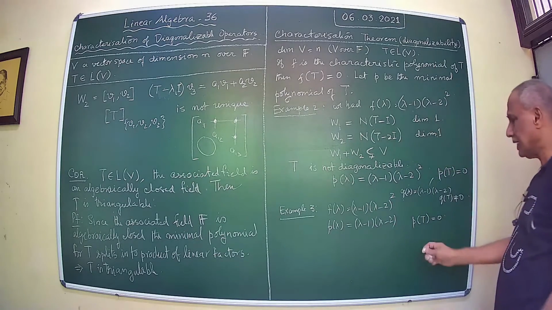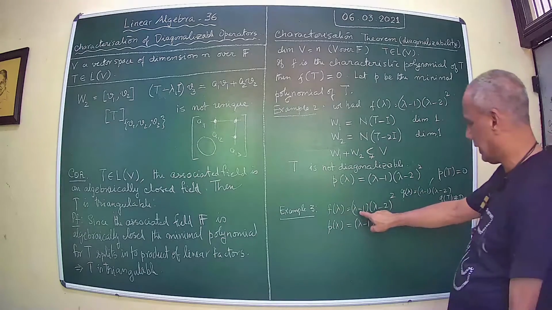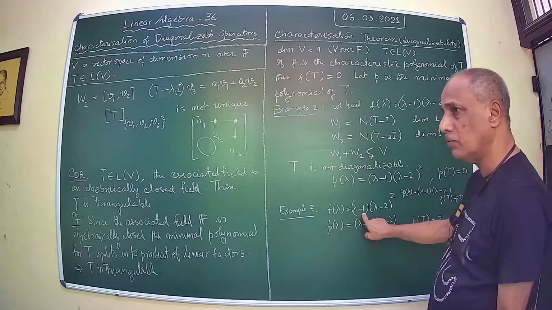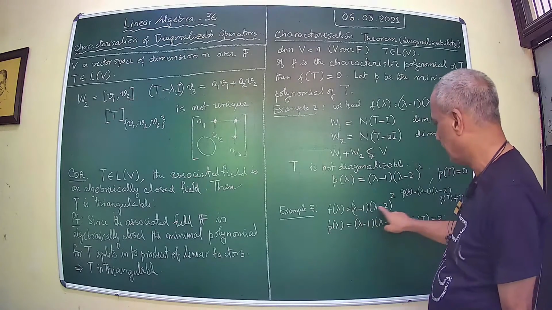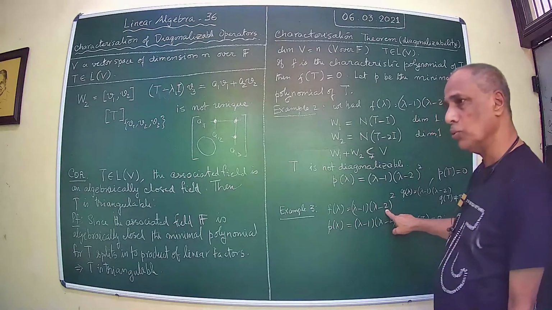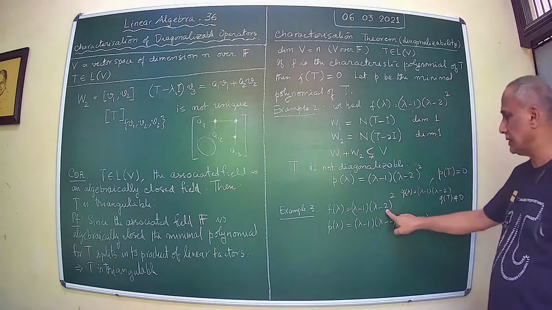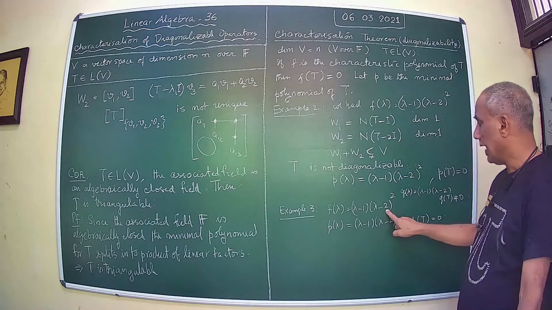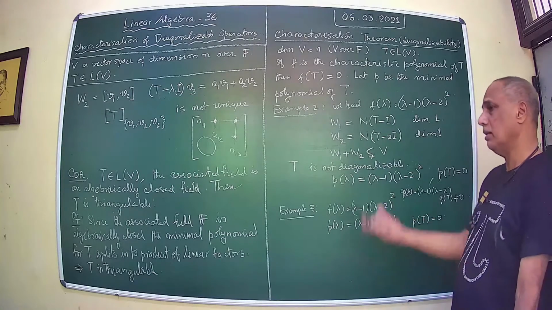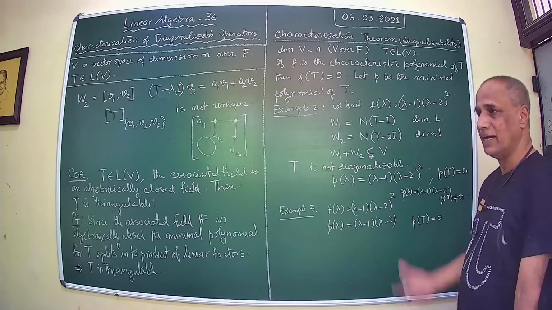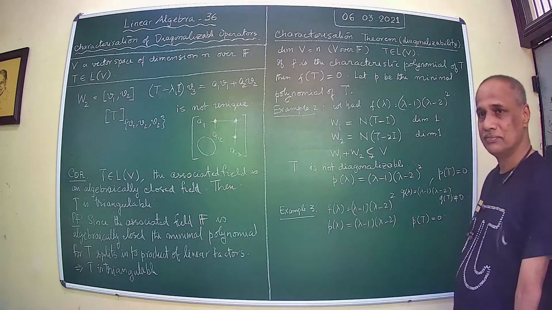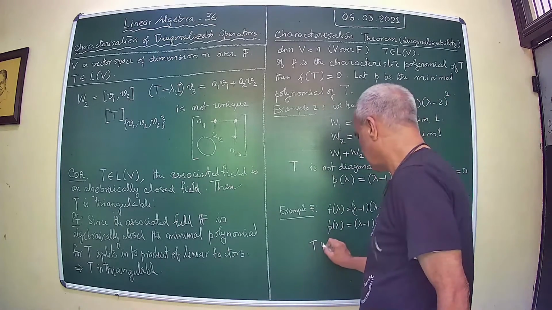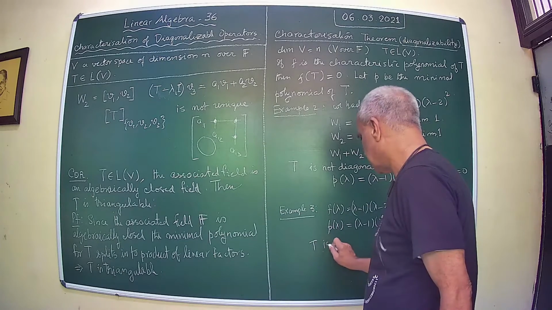So in this case W1, corresponding to eigenvalue 1, is of dimension 1. W2, which is the eigenspace associated with the eigenvalue 2, has dimension 2. Therefore we got enough eigenvectors to span, and therefore it was diagonalizable. P is diagonalizable.